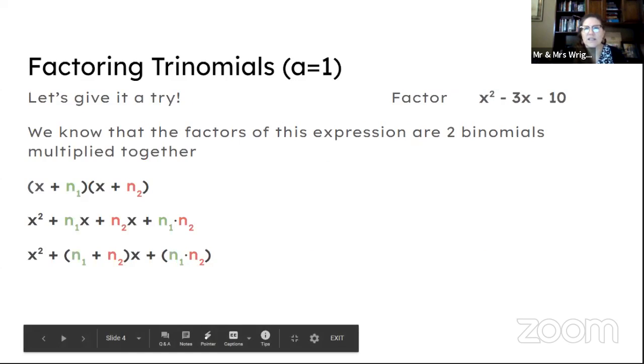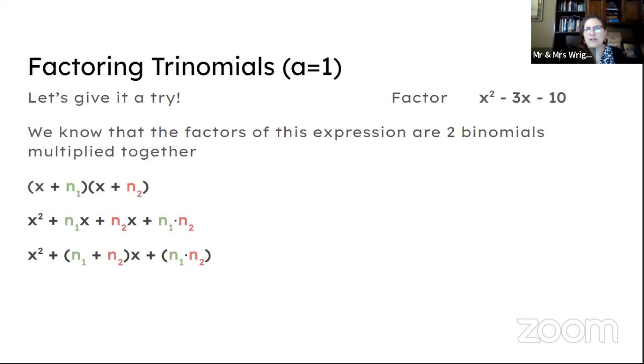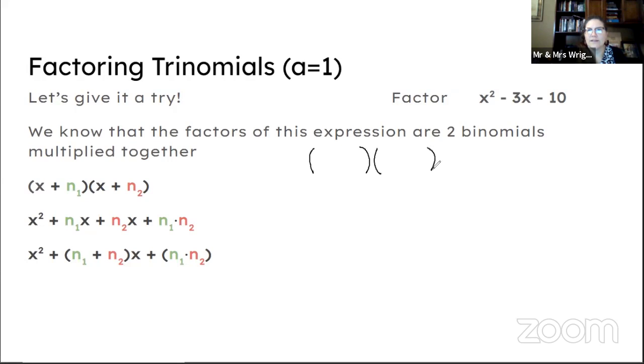So let's put this information to use here. We're asked to factor x squared minus 3x minus 10. All right, so I know that what I want to find is going to be in a format like this. And I know, since I have an implied number 1 here, that this is going to be x and x, right?